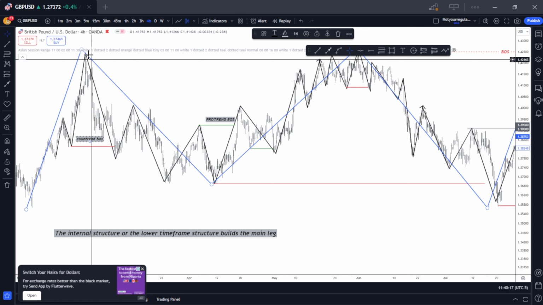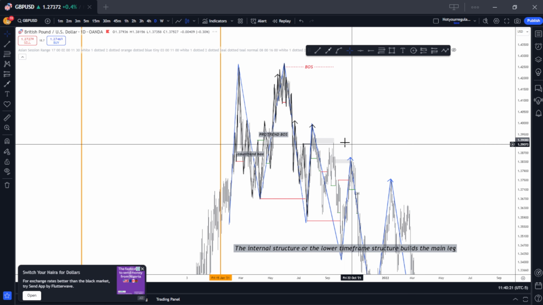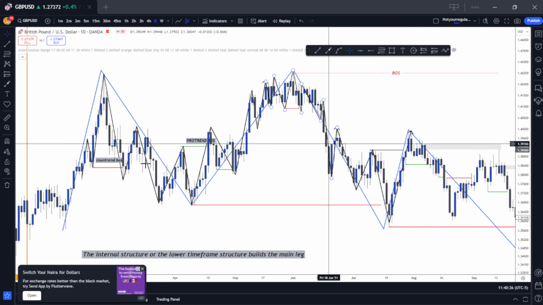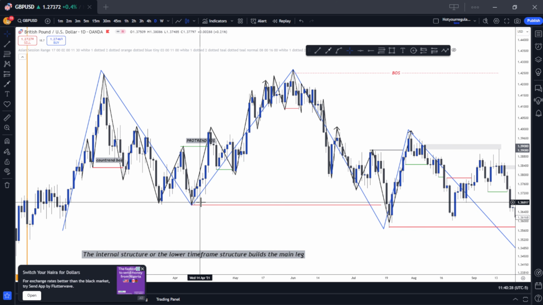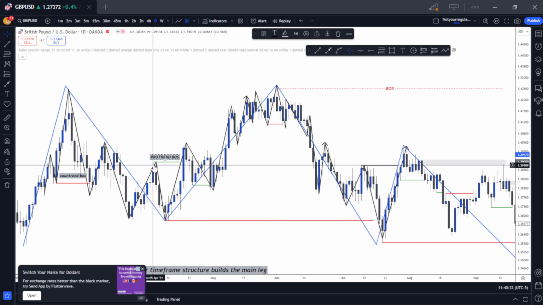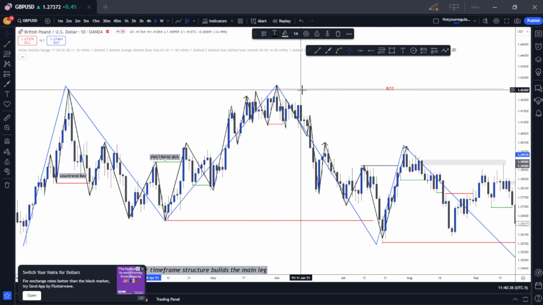Then that's a pullback. If we go to our daily, that is this pullback. Then the pro trend BOS, that is this internal structure BOS right here, signals resumption of the higher time frame structure.